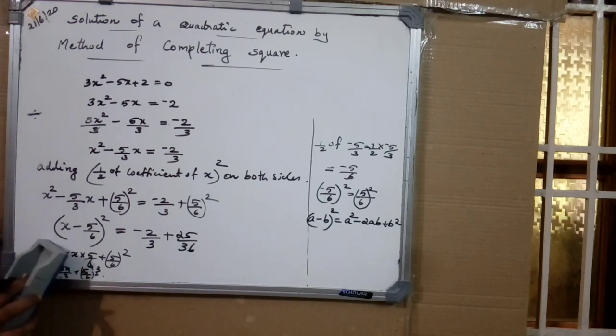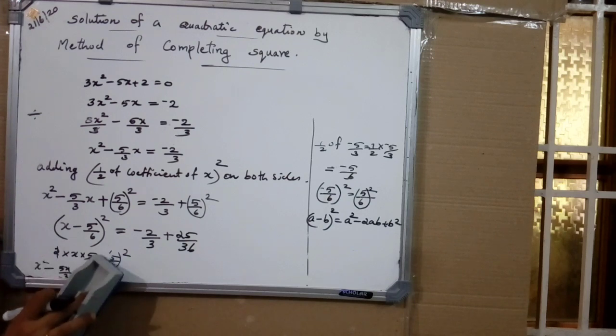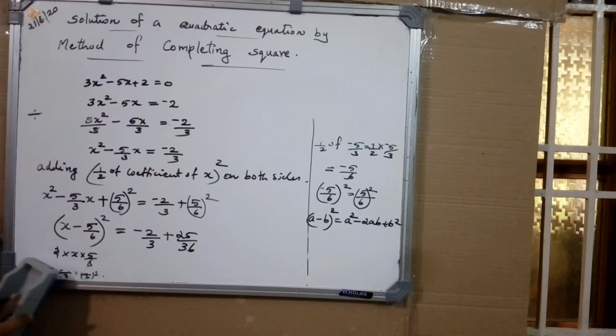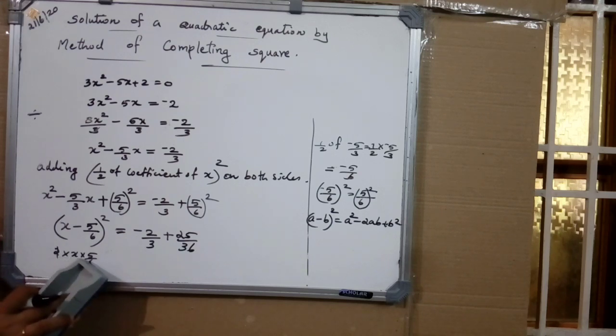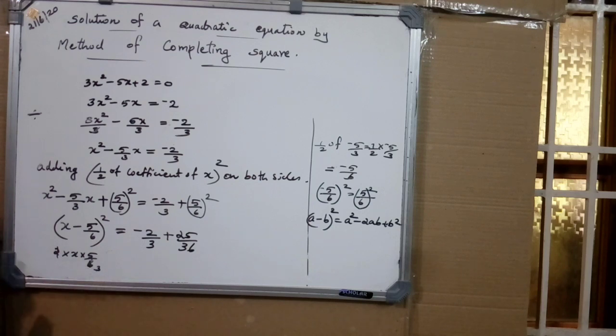So we need to check the middle term whether it is in the form 2ab. Yes, if you take 2ab it becomes 2 into a into b, that is 5x by 3. So the middle term is 5 by 3x or 5x by 3. Now it is a minus b the whole square.